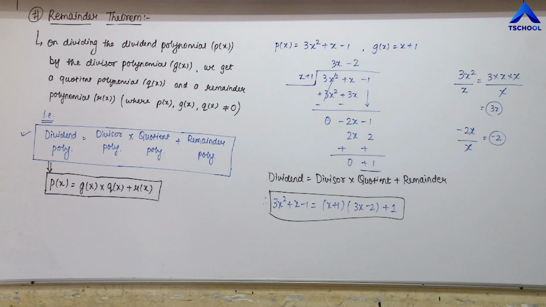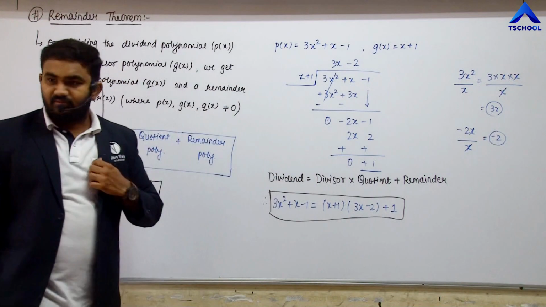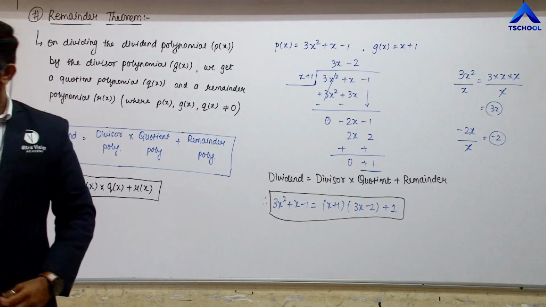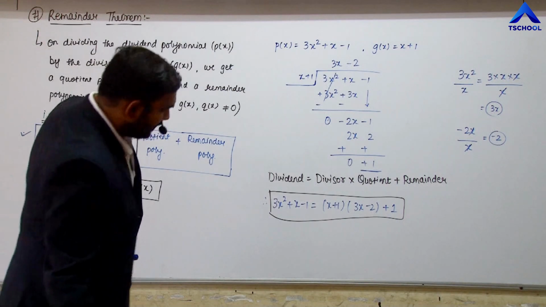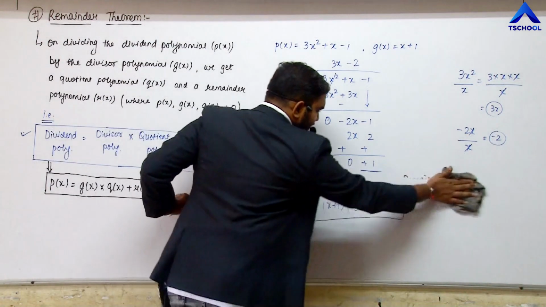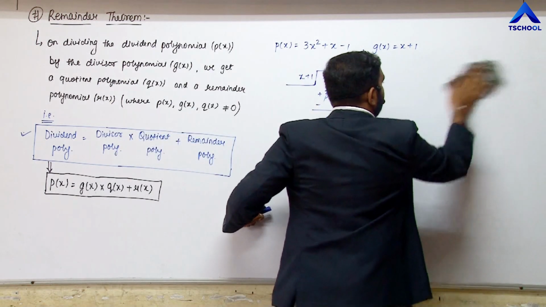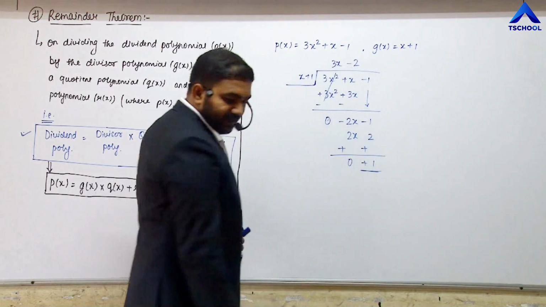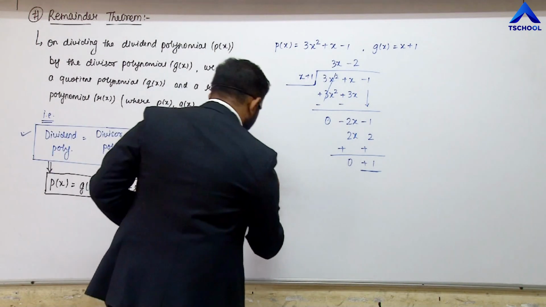Okay. Now that example that is already written over here, let us check it by another method. So another method is, okay, I am erasing this one right now, right?